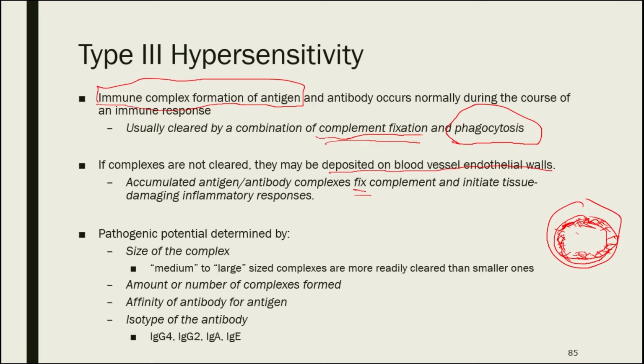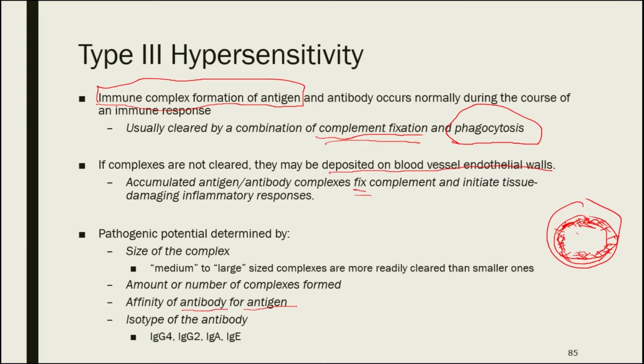Also, if the binding of antibody to antigen is not very good, so the complex is not able to interact with your complement, then there are chances that they are not cleared initially and start interacting with the vasculature wall, leading to the same problem.